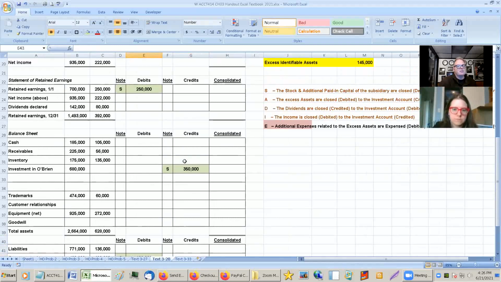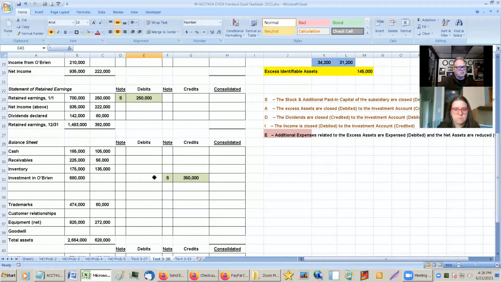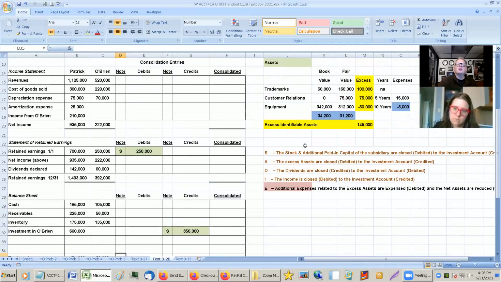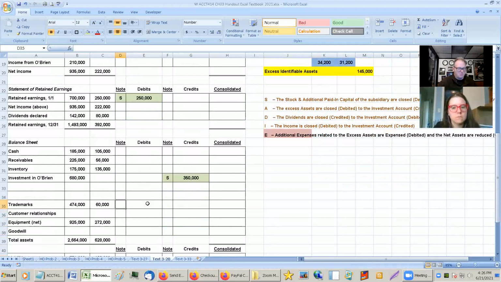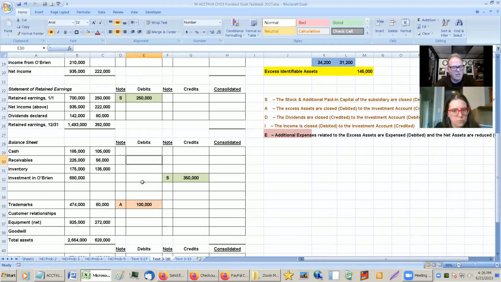Okay, so we got the stock. Now the assets. Trademarks were what? The excess was 100,000. What color should we make assets? Orange.